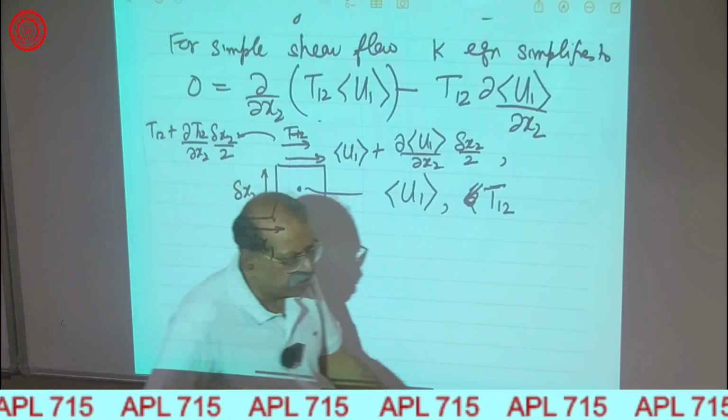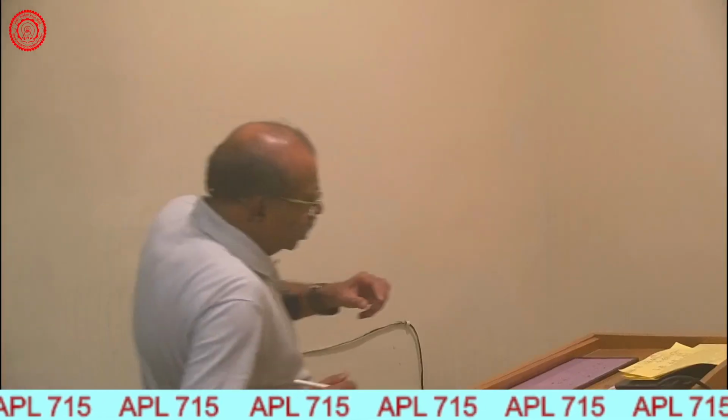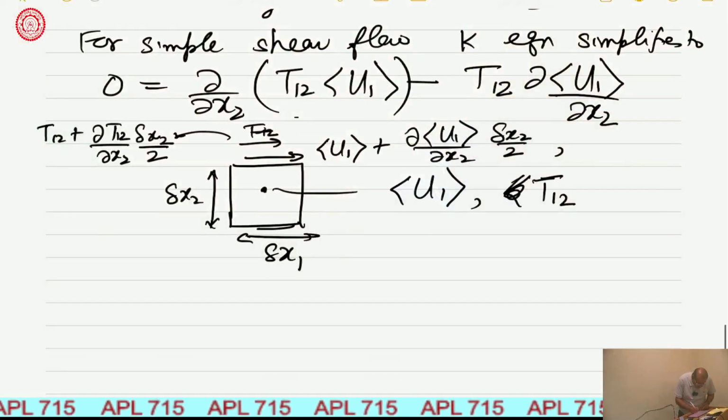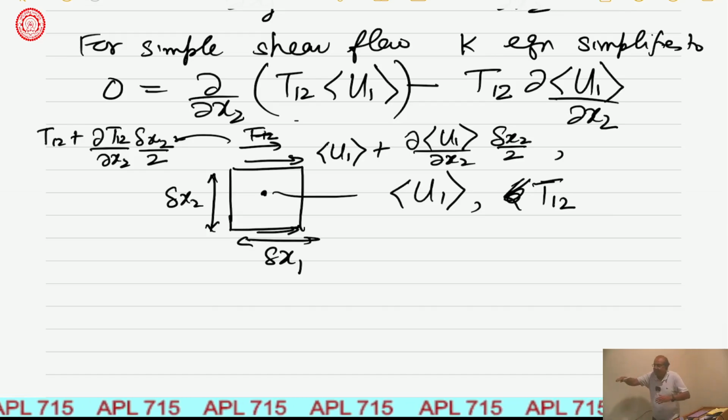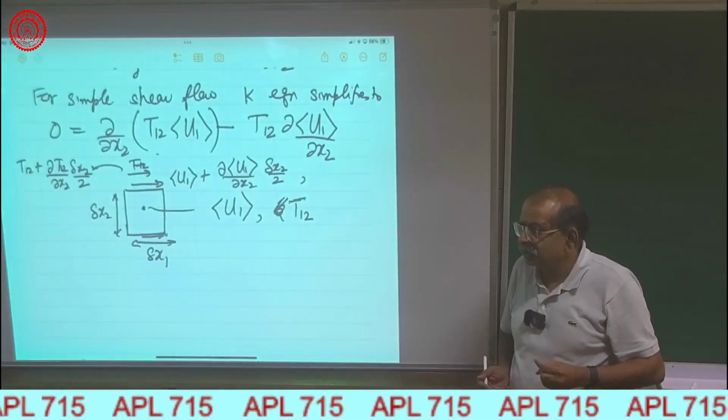Let's try to see, and I think you should be able to write this down. What will happen to this? U will be in the same direction, but by our notation, the shear stress on a negative face, we define it as positive in the minus direction.